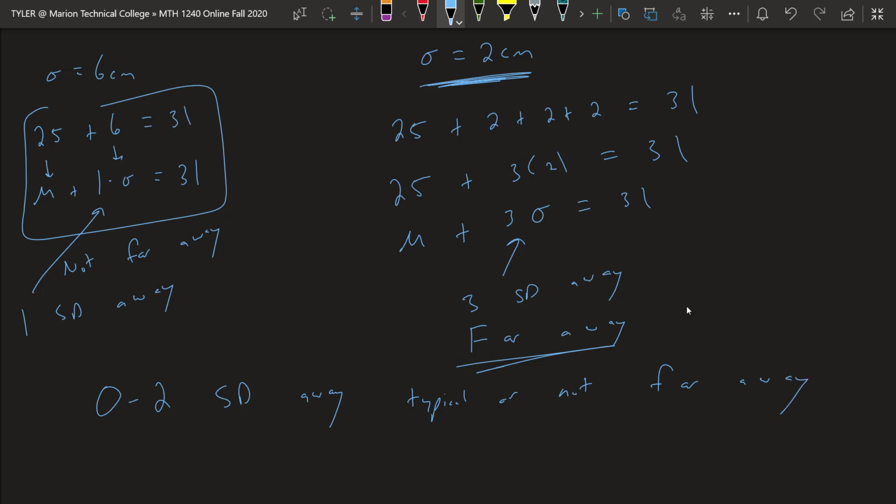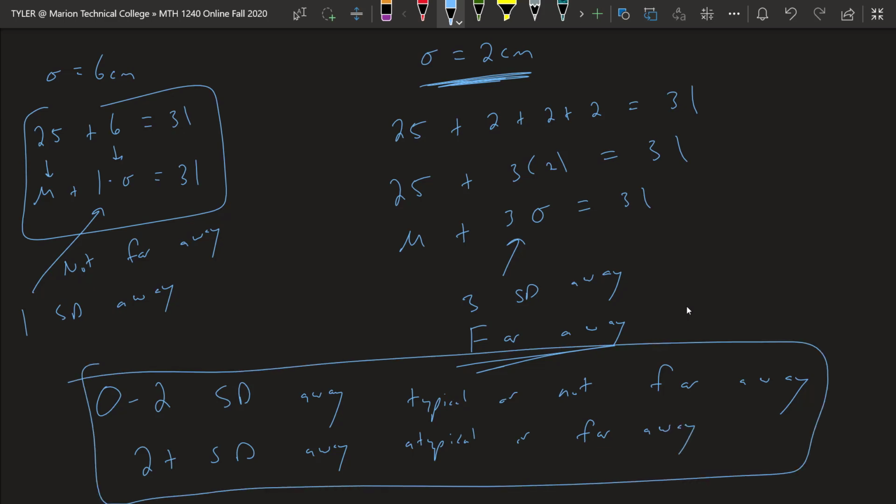But if you're more than 2 standard deviations away, then typically we say that this is atypical or far away from the mean. So that's the general rule of thumb, and you'll see why in a minute in the next rule. So just focus on that for right now.